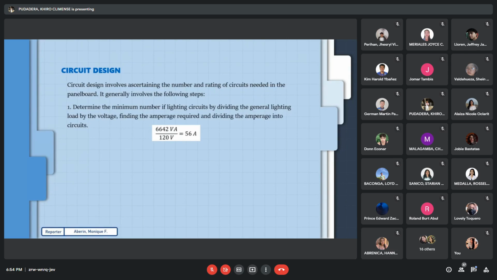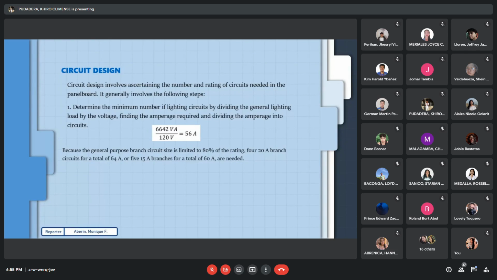Therefore, 6,642 VA divided by 120 V equals 56A. Because the general purpose branch circuit size is limited to 80% of the rating, 4 20A branch circuits for a total of 64A or 5 15A branches for a total of 60A are needed.